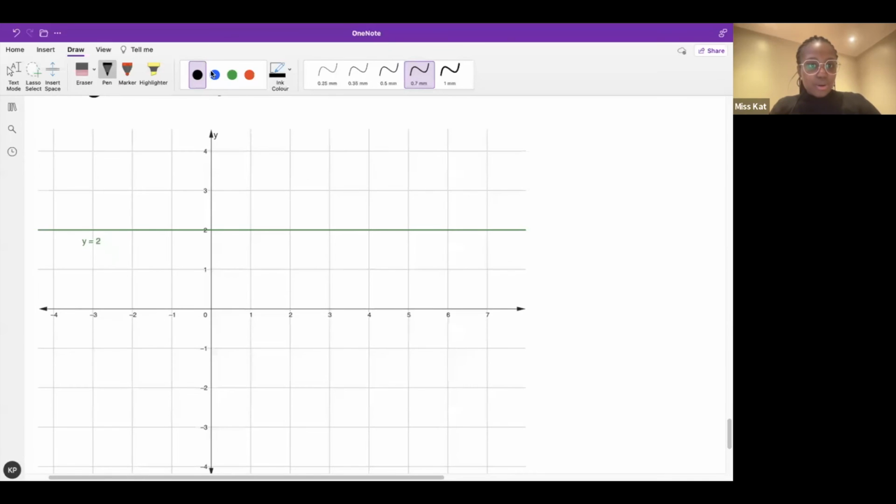This one goes from left to right. I want you guys to tell me what the coordinate of that point is and what the coordinate of this point is. Let's call this E and F. Can I have the coordinates of E and F?